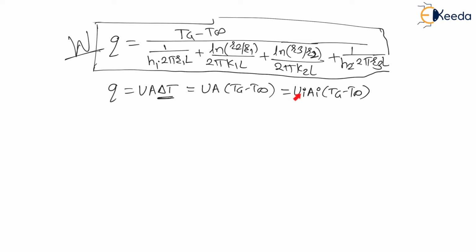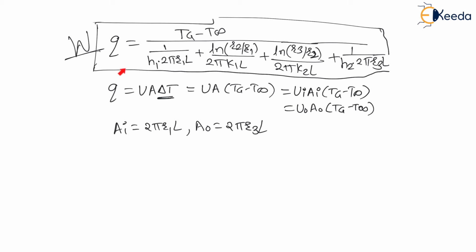And if I calculate it based on the outside area, that is A3, it will become Uo Ao Tg minus T infinity. Ai is the inside area, that is 2 pi R1 L, and Ao is the outside area, that is 2 pi R3 L. Ui is the overall heat transfer coefficient based on the inside area, and Uo is the overall heat transfer coefficient based on the outside area.